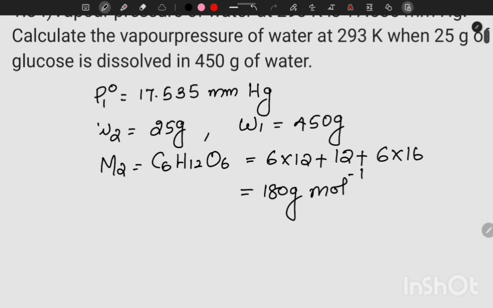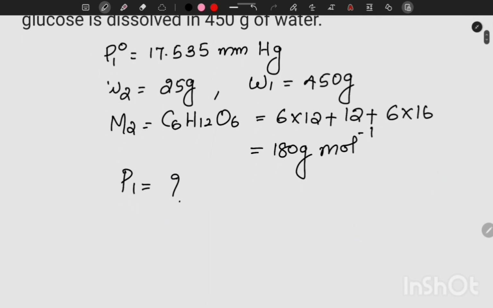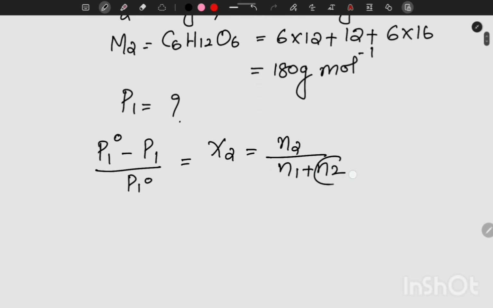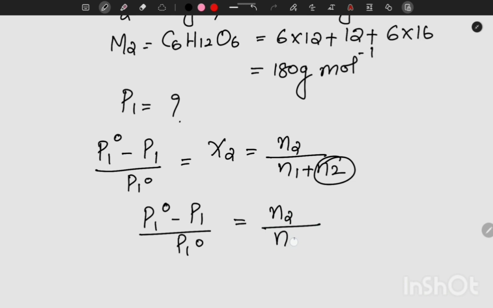Now we have to find out the vapor pressure of the solution after adding 25 gram of solute. So we can apply Raoult's law, the relative lowering of vapor pressure equation. P1 naught minus P1 by P1 naught is equal to chi2, which is equal to n2 by n1 plus n2. For dilute solution, we can neglect n2 from the denominator. So we can write P1 naught minus P1 by P1 naught is equal to n2 by n1.